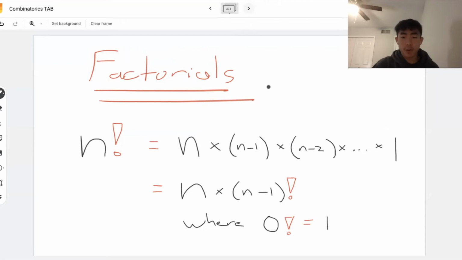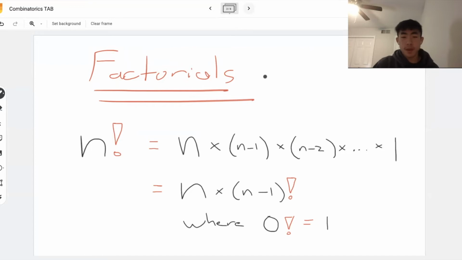So what we really did just there was a factorial. So a factorial basically is the number of orderings of n different items into n different slots. And we represent it using the exclamation mark notation.